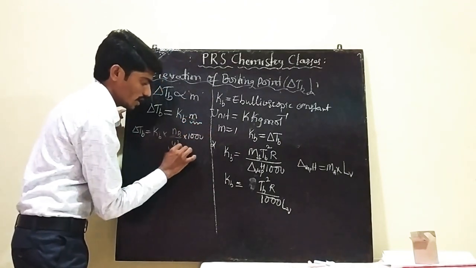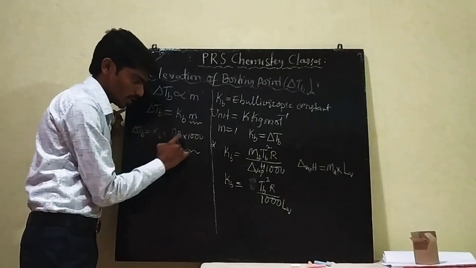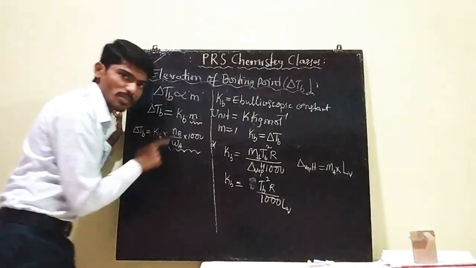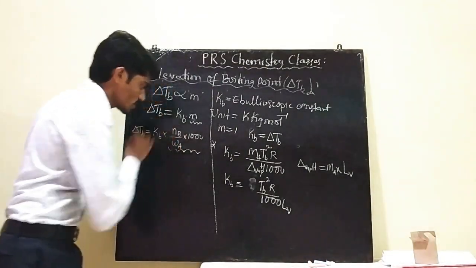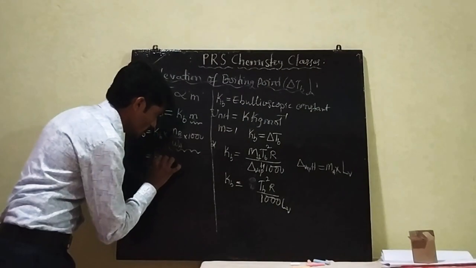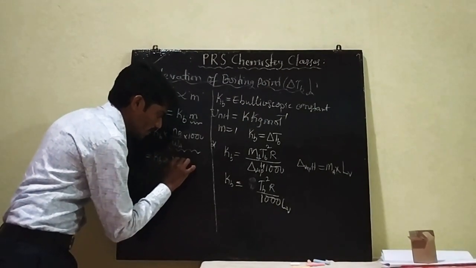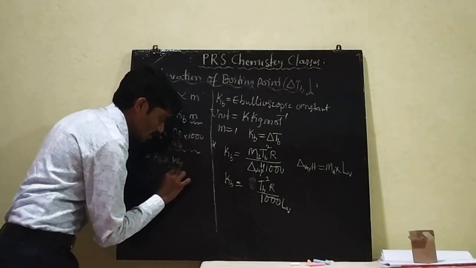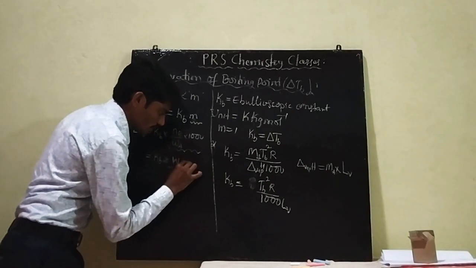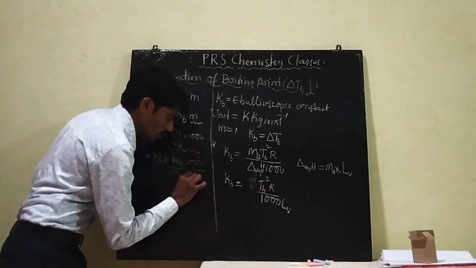We substituted the definition of m. The number of moles n is the given mass divided by molar mass. Let us substitute the same thing. So delta Tb is equal to Kb into Wb divided by Mb, given mass of solute by molar mass of solute, into 1000 divided by Wa, the weight of solvent.